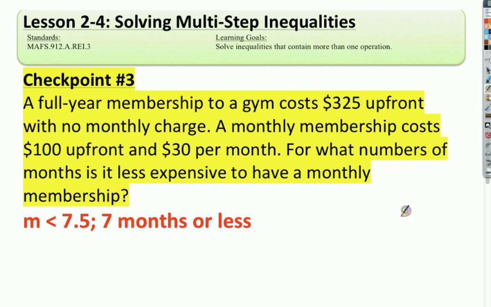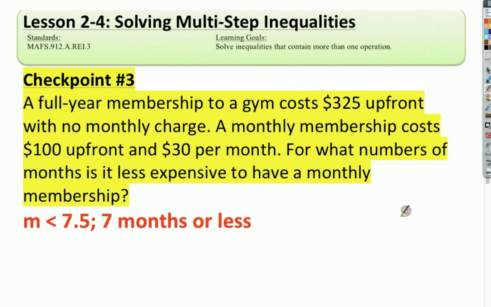So in this case, the monthly membership needed to be less than the yearly membership. So unfortunately, you guys had the teams that shared, you clearly did it right, but you had the symbol flip-flop the wrong way. And if you had gone back to the original question and put in the information.